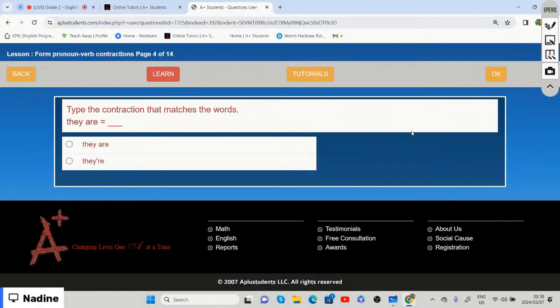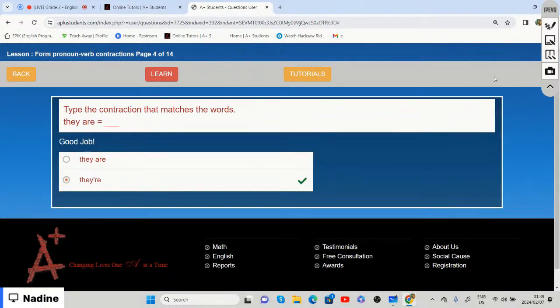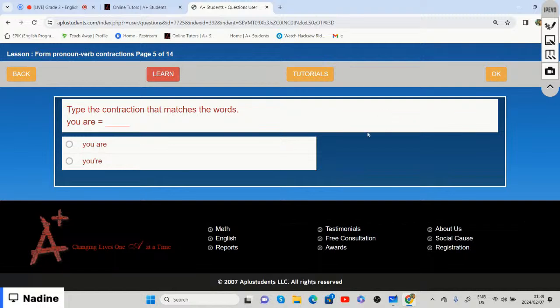So they are. And if we look at the contraction or the shortened form of they are, then we will go with the second option, which is they're. And that is correct.